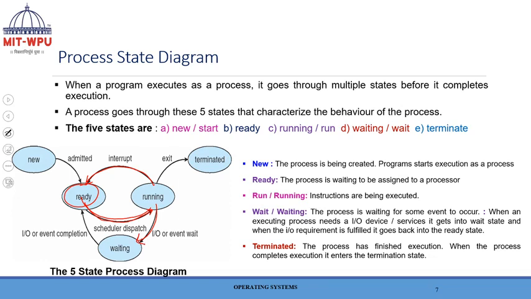And after fulfillment of IO request or completion of IO event, then that waiting process again goes to ready state, and again the processor scheduler or dispatch manager associated with the operating system moves the process from ready state to running state.